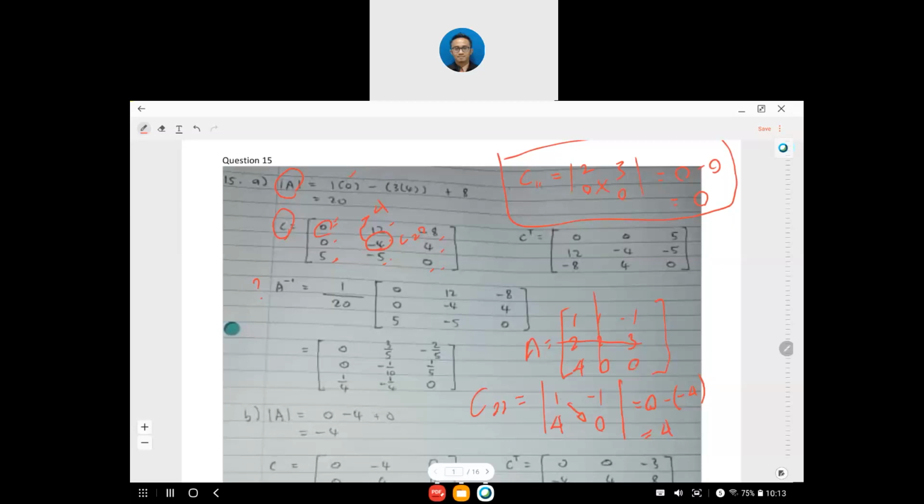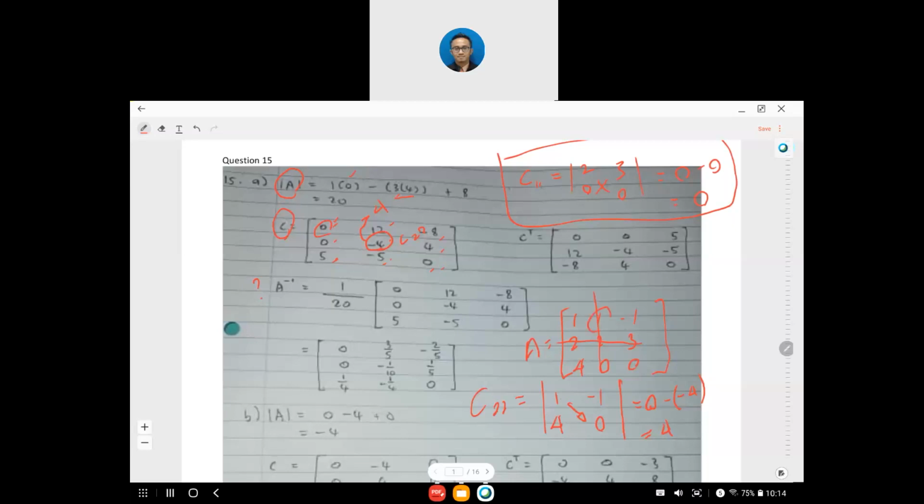Then what value are you choosing? 3 times 4, where does this come from? I don't know which value you are choosing. Supposedly you must choose 1.